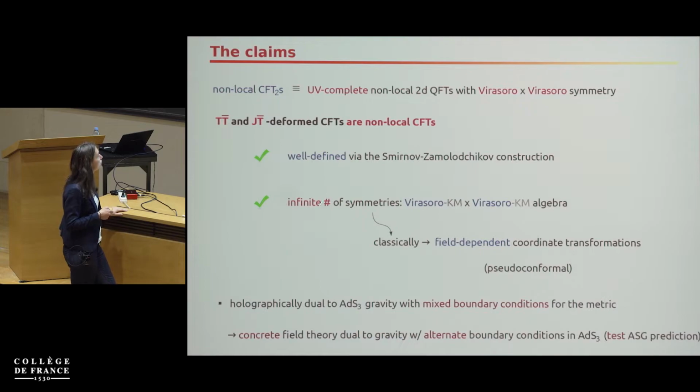So that's the hard part. What we did is sort of the easy part, which is to show that these theories actually possess an infinite number of symmetries, which consist of two commuting copies of either Virasoro times Virasoro for TT-bar or Virasoro-Kac-Moody times Virasoro-Kac-Moody for JT-bar.